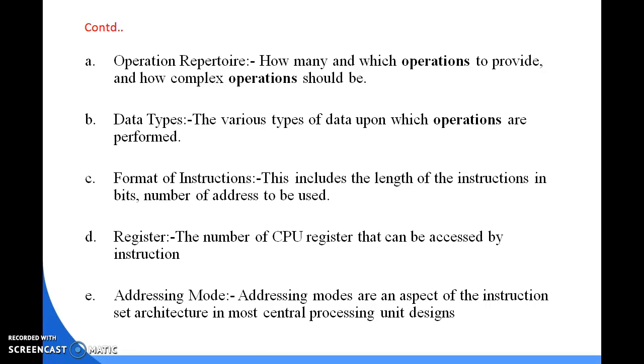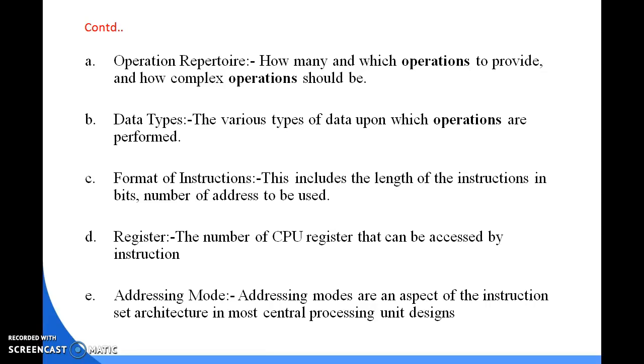This includes the length of the instruction in bits and the number of addresses to be used. When you design an instruction, there should be a format, and this format includes the length of the instruction in bits and the number of addresses to be used. So the format of instruction is an important factor.